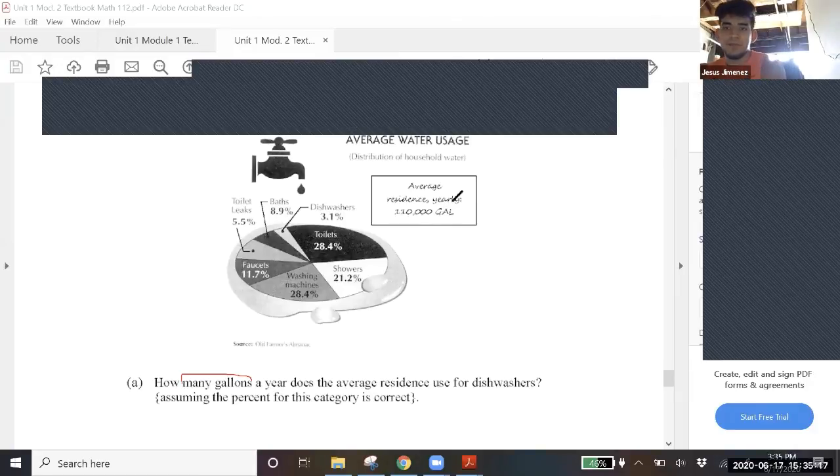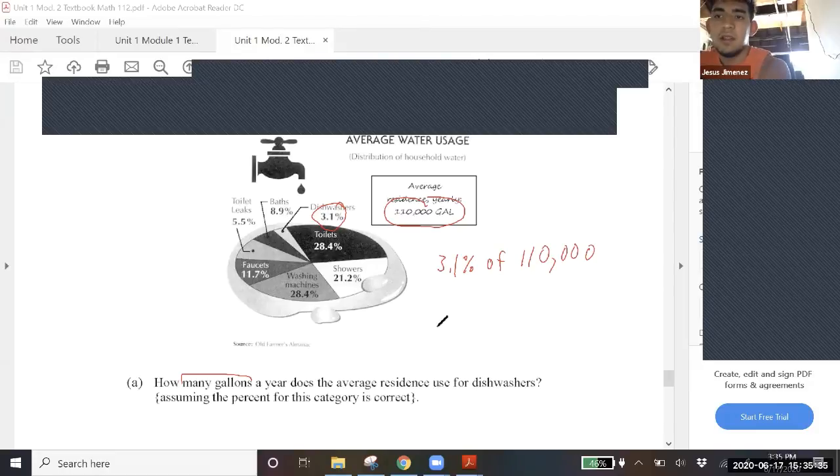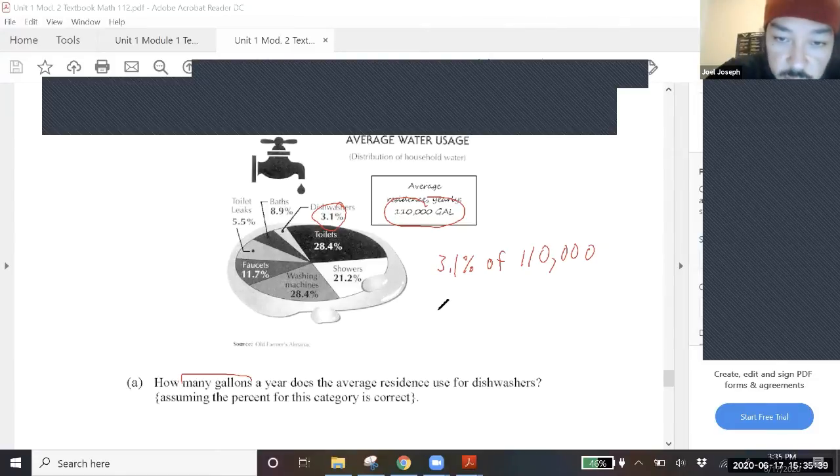So if you have 110 gallons for dishwashers, it's 3.1% of 110,000, right? So you're going to times 100, right? So to do this correctly, for those who are still not sure about decimal placement, you want to convert percentages to decimals by shifting it over 2 spots, right?